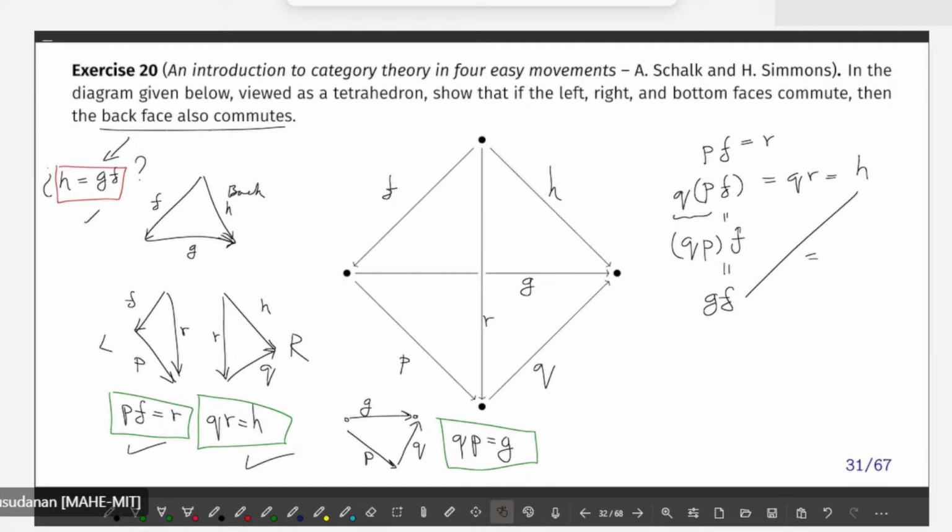So here, I know that I need to show H is equal to GF. So I start looking at that part, H. H is equal to GF is what I want to get. I can see that in this triangle, GF is actually PQ.